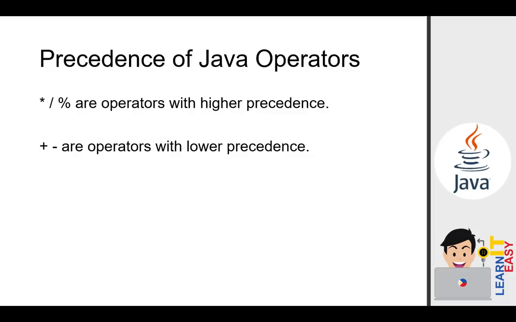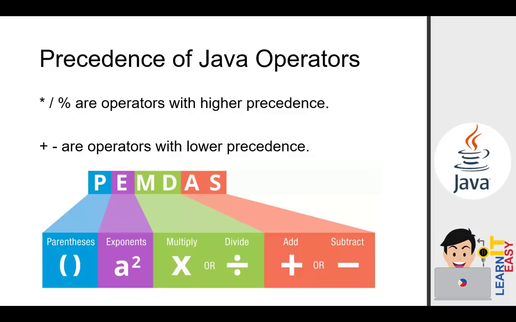Pwede nating balikan yung basic mnemonics nung elementary days natin na tinatawag nating PEMDAS or parenthesis, exponent, multiplication, division, addition, and subtraction para malaman natin yung hierarchy kung paano dapat isolve yung isang expression. If familiar pa kayo dito sa mnemonics na to, this is a very important mnemonic para matandaan natin kung paano dapat ang magiging pagkakasunod-sunod nila.